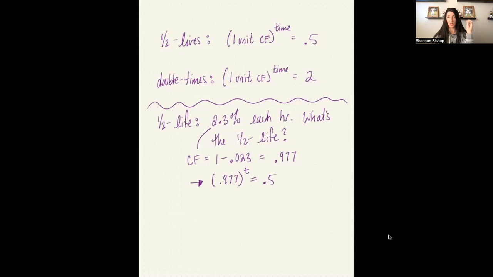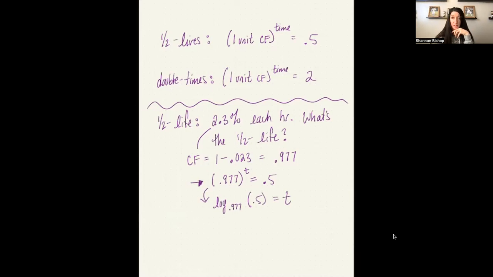Yes, bases, powers, results. So I'm going to invert this into its logarithm form. It's going to be log base 0.977 of 0.5 in order to get the time. And once you know what your bases, powers, and results are, you can just slap that into Desmos.